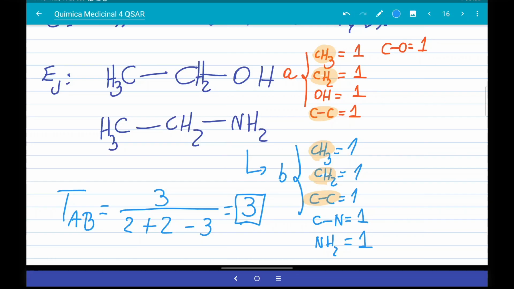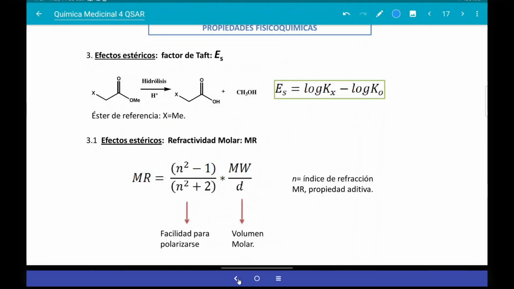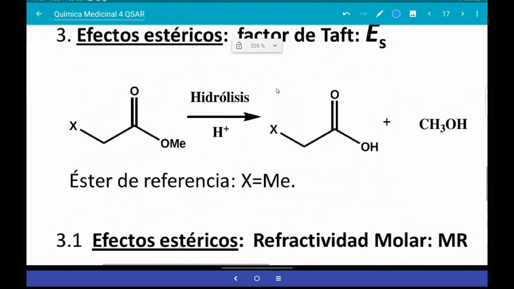The steric factor of Taft, Es, is a measurement of the molar volume. This is one of the ways to estimate the molar volume. The other way today is through the molar refractivity. We are going to put the steric factor of Taft, which is being shown here.